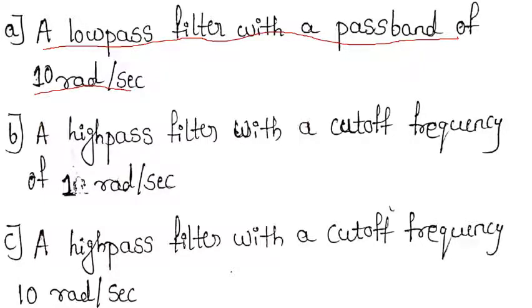We have to find the transfer function for a high pass filter with a cutoff frequency of 1 radian per second. Next, we have to find the transfer function for another high pass filter with a cutoff frequency of 10 radian per second.